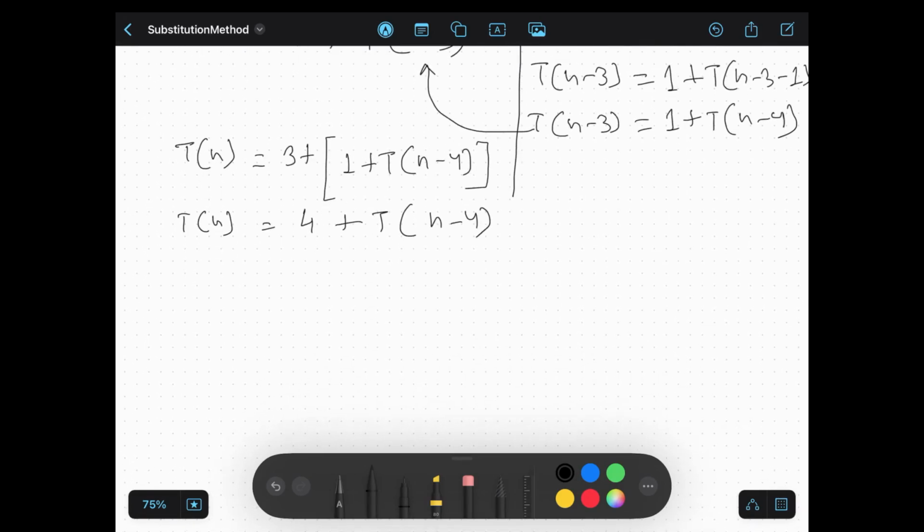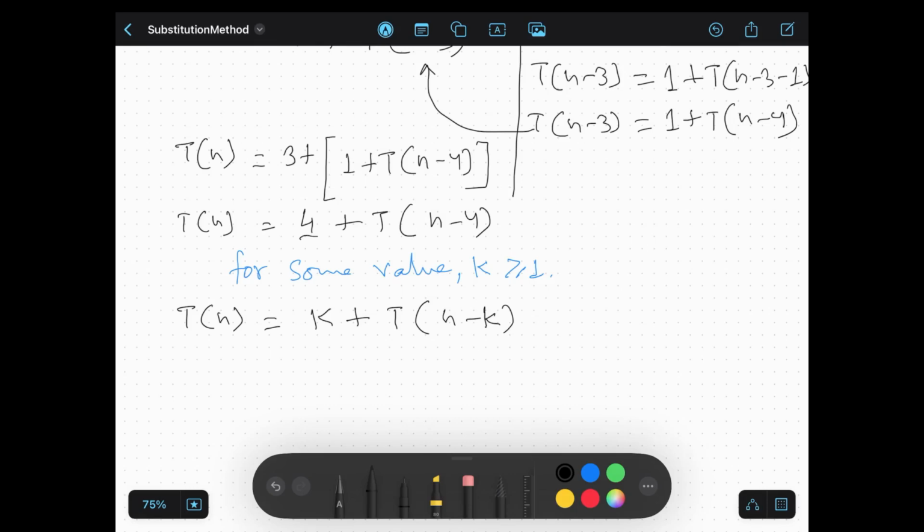So we can say for some value k greater than or equal to 1, the generalized equation is going to look like k plus T(n minus k), right?